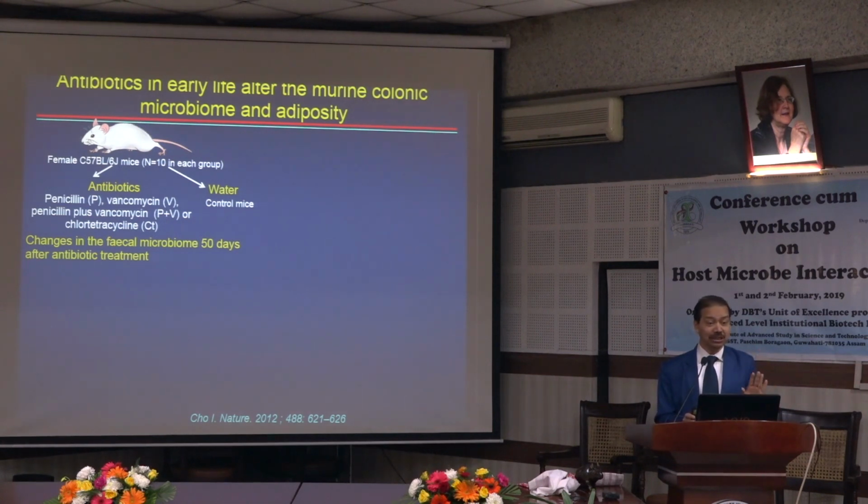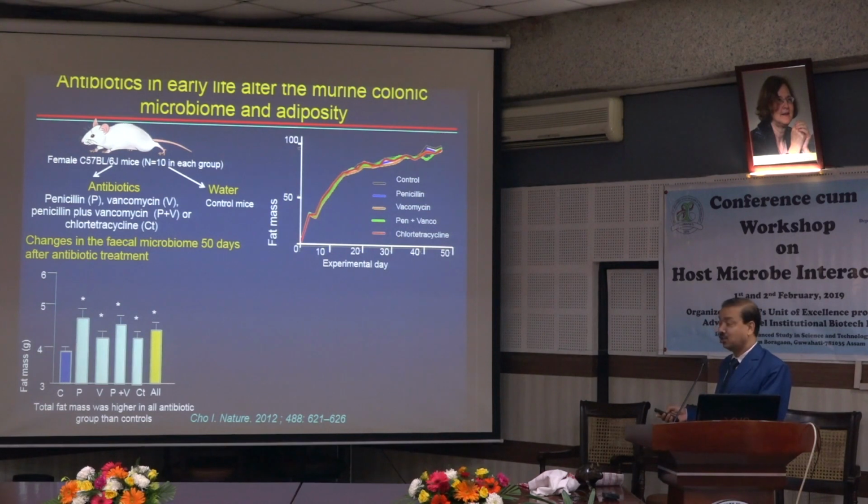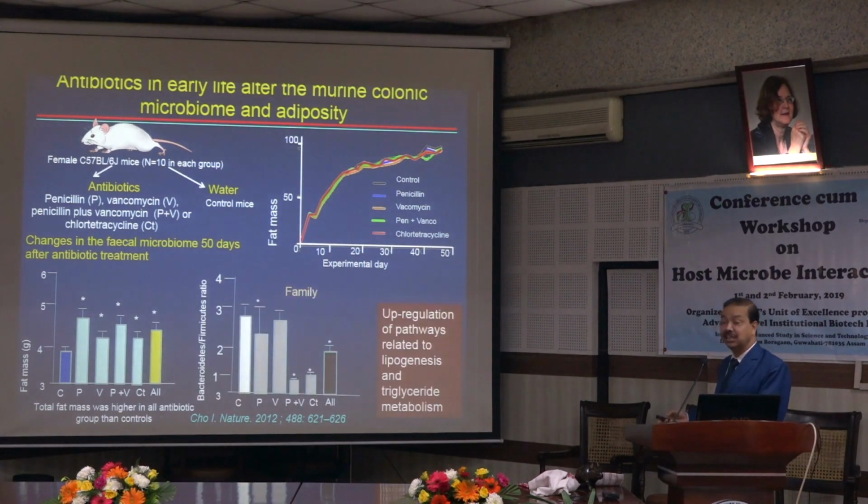Because they know that if you give low-dose antibiotic to the animal, he has more adipose tissue, more protein, and therefore he will give more meat. So this experiment was done just in 2012 where these mice were fed antibiotic or water and they looked at their microbiota and the weight gain and the gonadal fat and the body fat and the protein mass, and they found that giving low dose antibiotic led to weight gain. That means manipulation of gut microbiota can change weight.